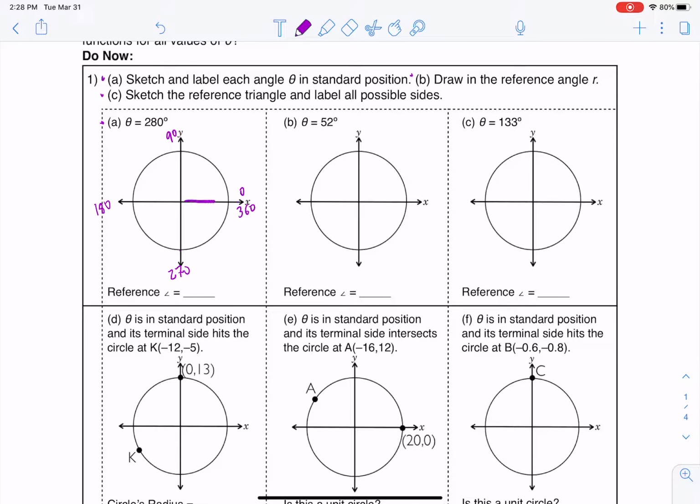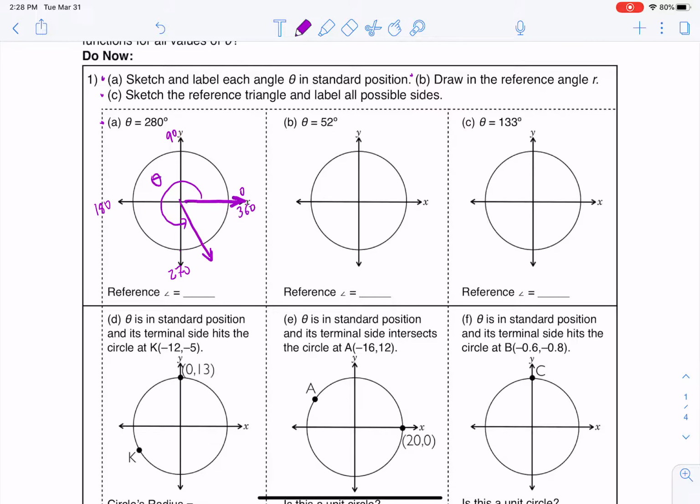If I start the initial side of my angle here, and I continue around to 280 degrees, somewhere about there, sketching in theta would be a rotation all the way around the circle. So that's my angle theta.